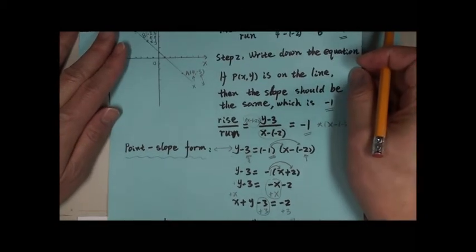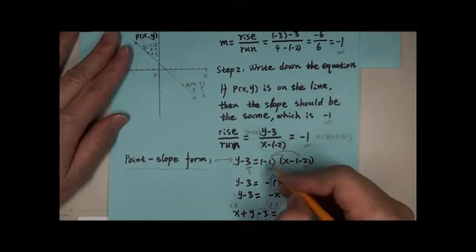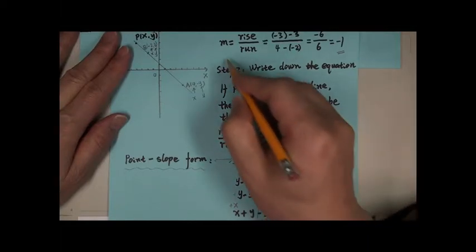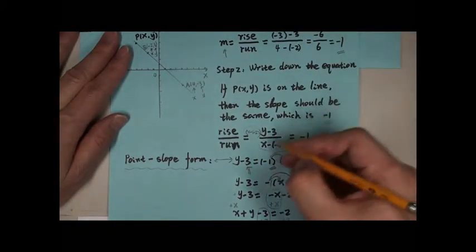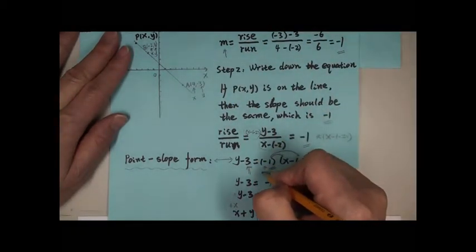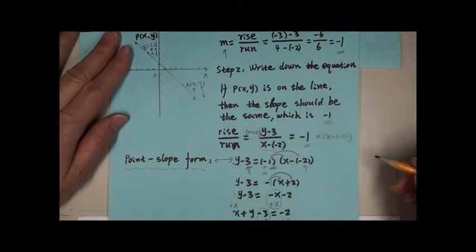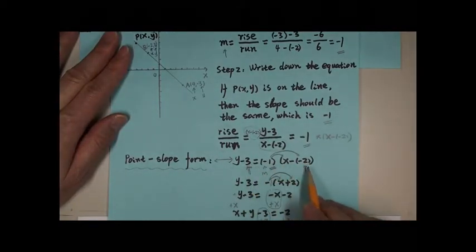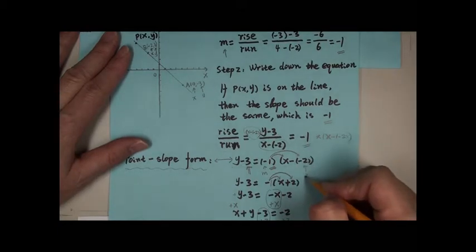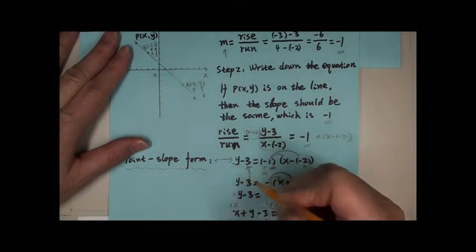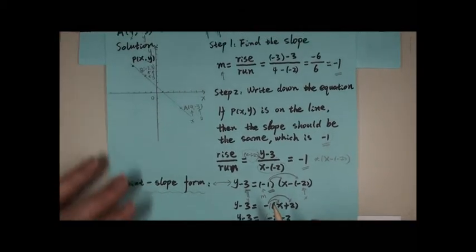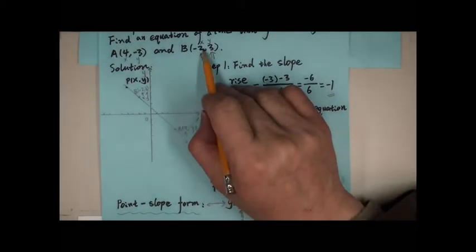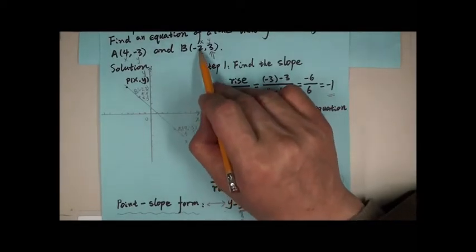Point slope form, here is the slope, m. M equals -1. So here is actually the slope m. Okay, and then this is y, and then x minus whatever it was here, always minus -2.